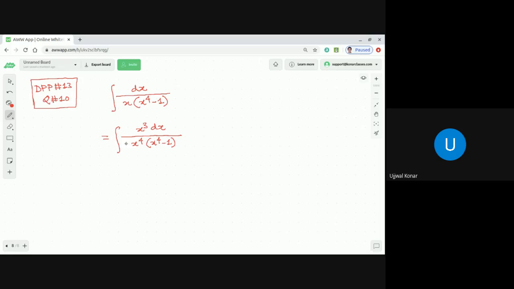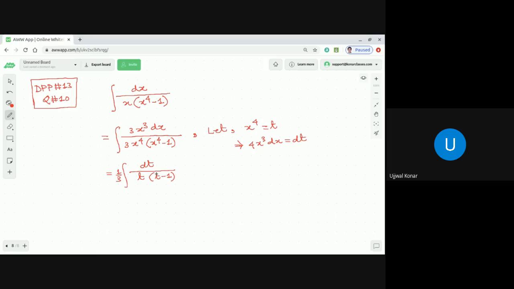Let x to the power 4 equal to t. So that implies 4 into x to the power 3 dx is equal to dt, correct or not? So that is equal to integration dt divided by t into t minus 1, with 1 by 3 taken outside.